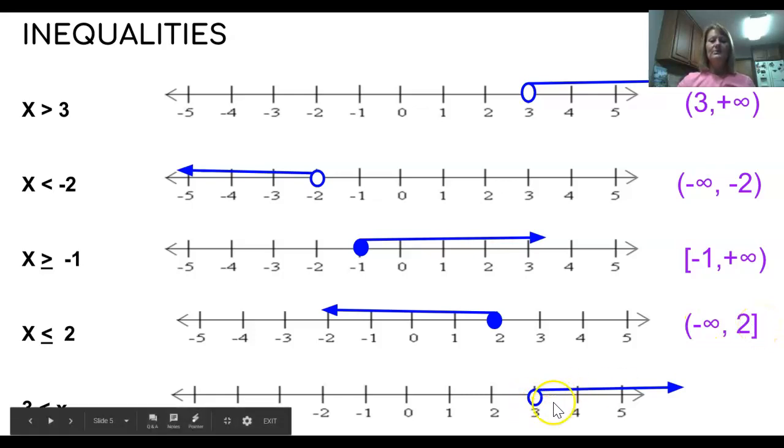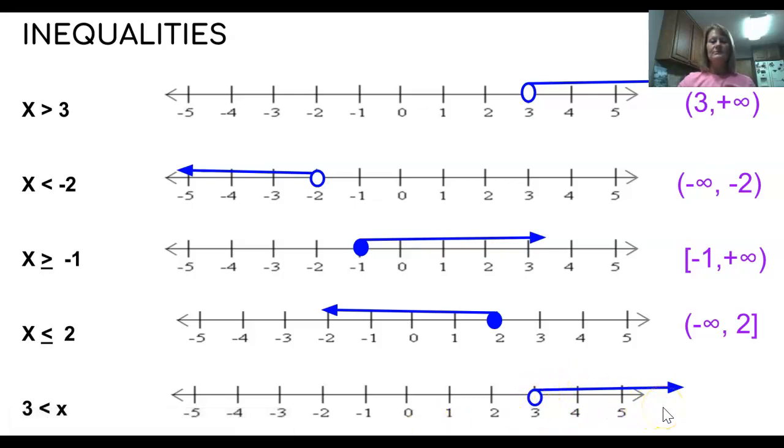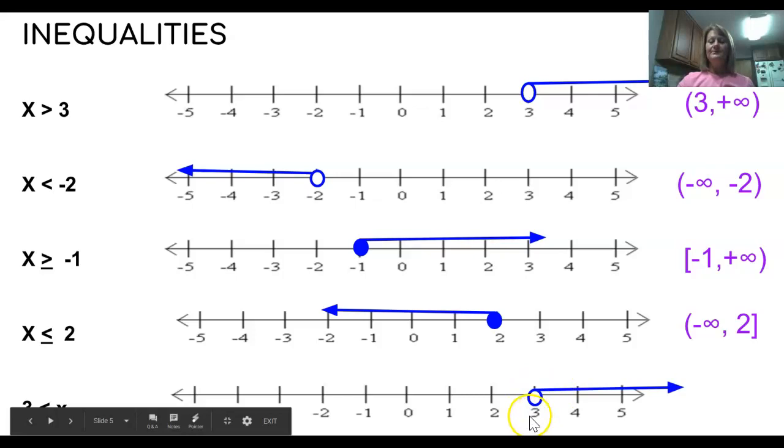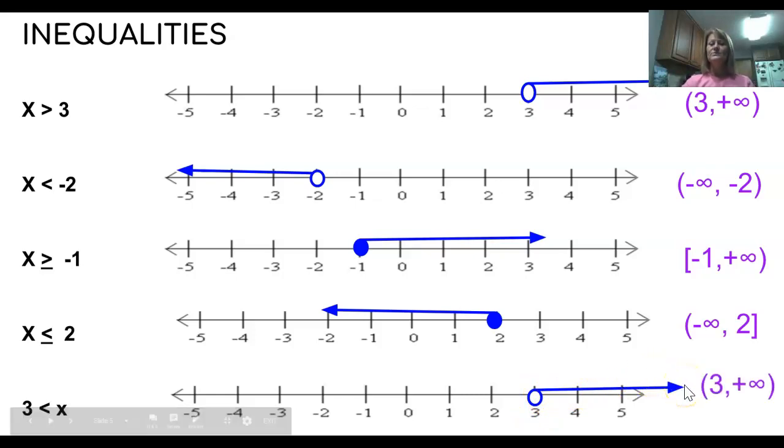And then our final one here, it's going to be at 3, and it is open, so parenthesis, and it's going on to positive infinity. So there's what we have it looking like. Starts at 3, parenthesis, because it's open circle, and then to positive infinity.